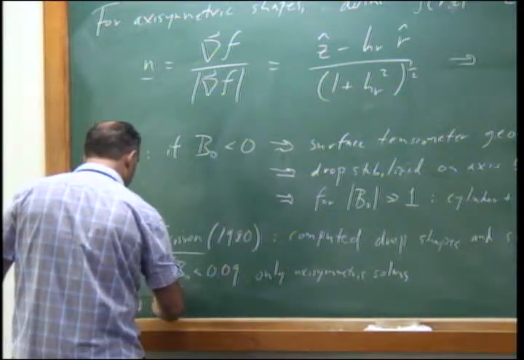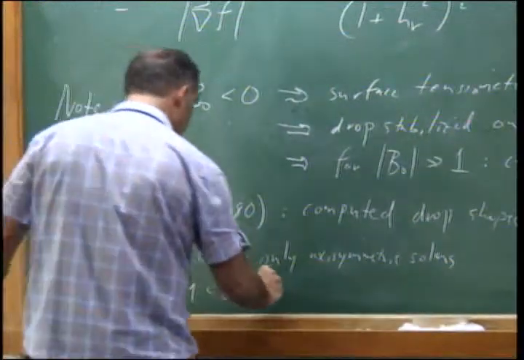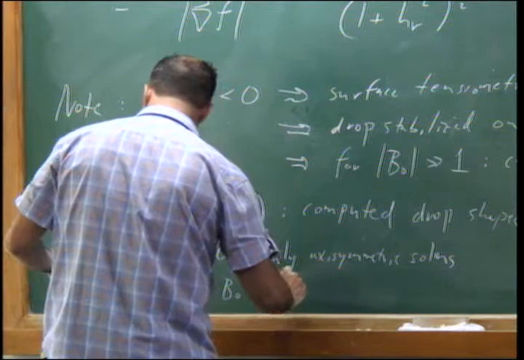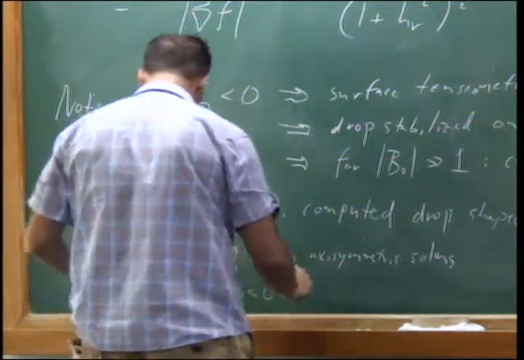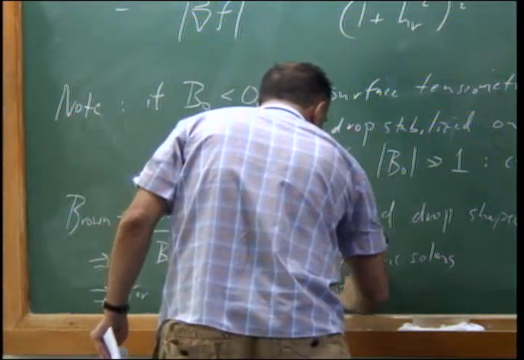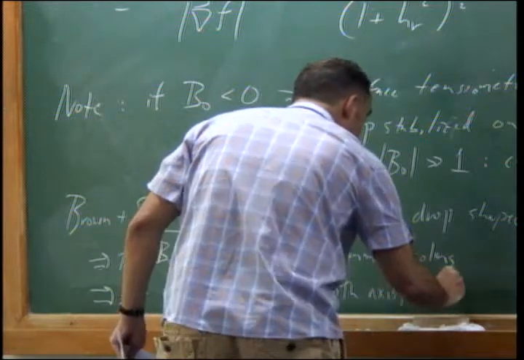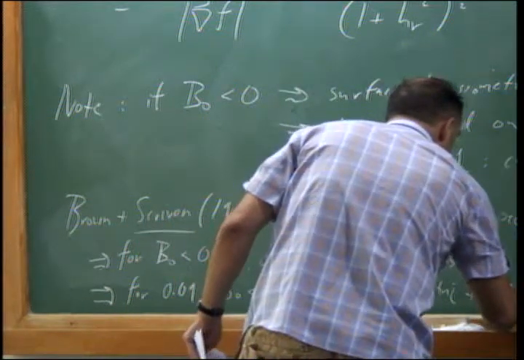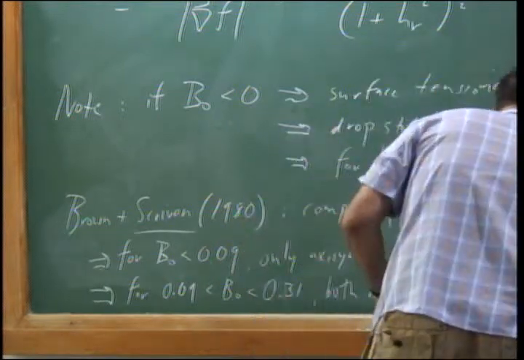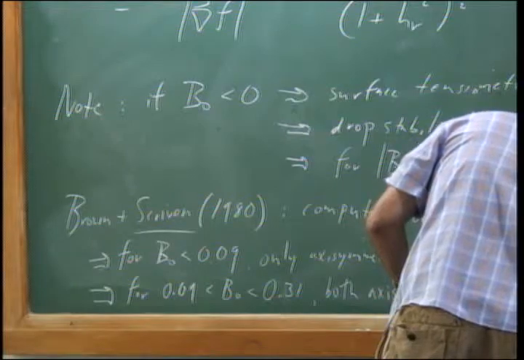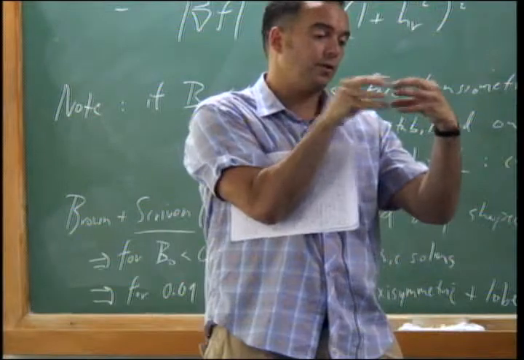For intermediate Bond number, okay, so you can have stable solutions which are either these prolate or oblate ellipsoids or these lobes.